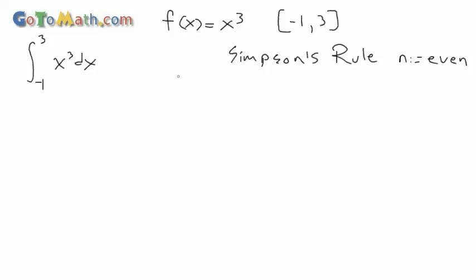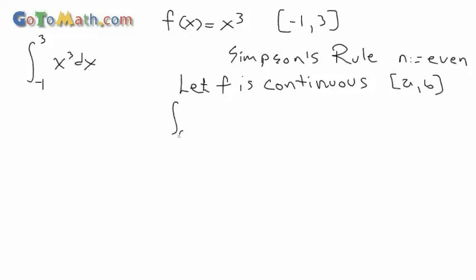Like most of the theorems in calculus, our function is continuous, usually on some interval, and that particular interval is going to be the interval ab. So f is continuous on the closed interval ab, and we use Simpson's rule for approximating this integral here.